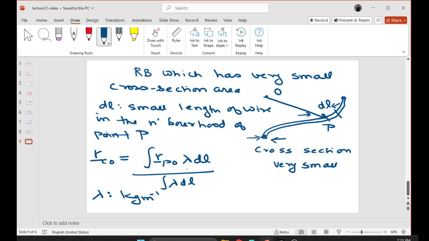So RCO can be found in this manner. And that C in general may be located at some point here, either on the wire or off the wire. Either C may be a material point or C may be on the massless extension of the wire. So for such bodies having small cross section area, computation of RCO can be done in a more simple manner by performing two line integrals. So here this symbol means line integral.